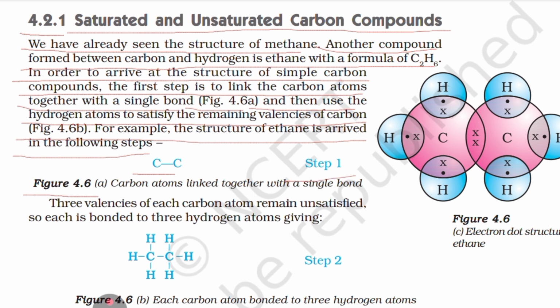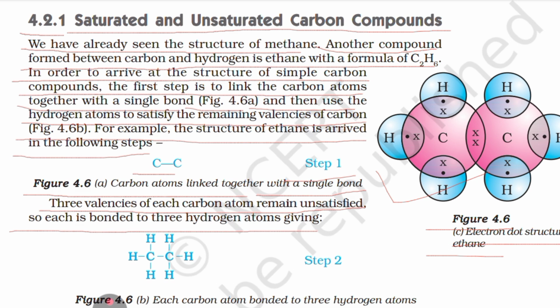Figure 4.6a: carbon atoms linked together with a single bond. Three valencies of each carbon atom remain unsatisfied, so each is bonded to three hydrogen atoms, giving this structure of ethane.